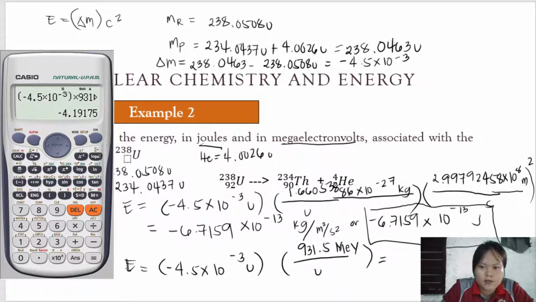That's negative 4.1918, with 4 decimals again, MeV. So that's the answer for problem number 2.